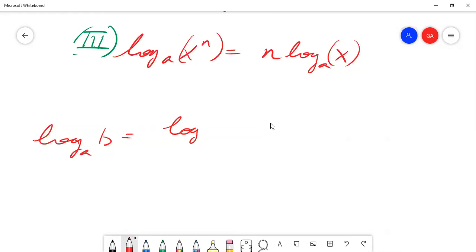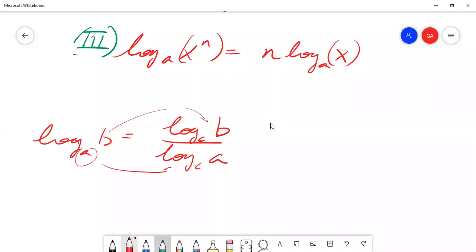But generally, I can write this in terms of any base of my choosing, and let that new base be c. If I use that new base c, then log base a of b becomes log base c of b divided by log base c of a. So I'm starting with the statement of the property. This is property 4.